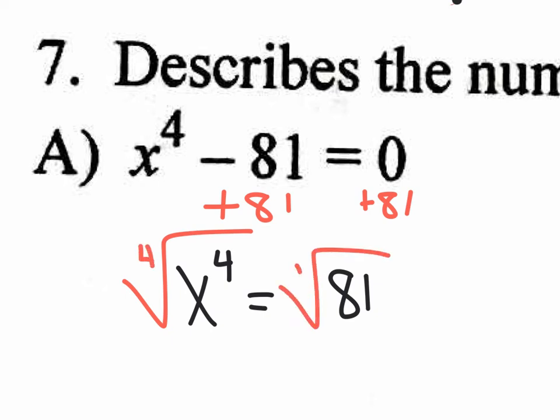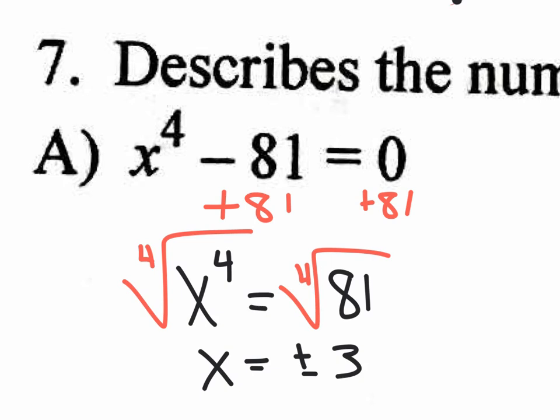So you're going to go 4th root over here. So hopefully something times itself 4 times gives you 81. Let's check it out with the calculator. 3 times 3 times 3 times 3 is 81. So luckily, the 4th root of 81 is 3. So ladies and gentlemen, we have x equals, and of course you put a plus minus, and it is 3.